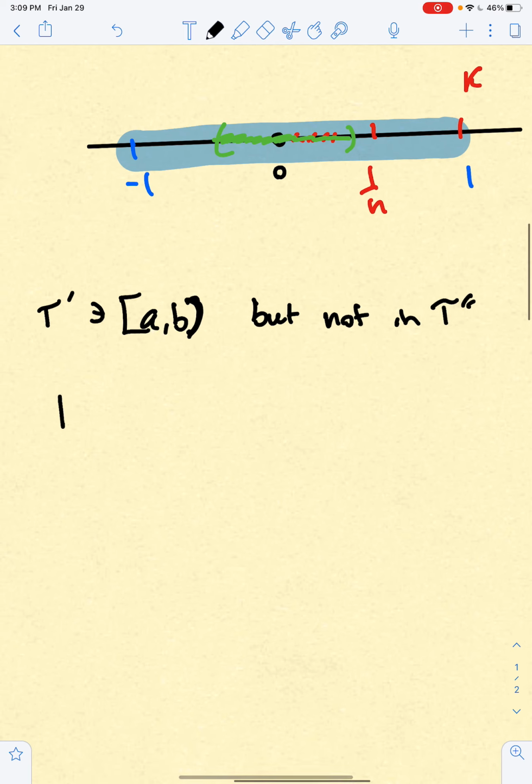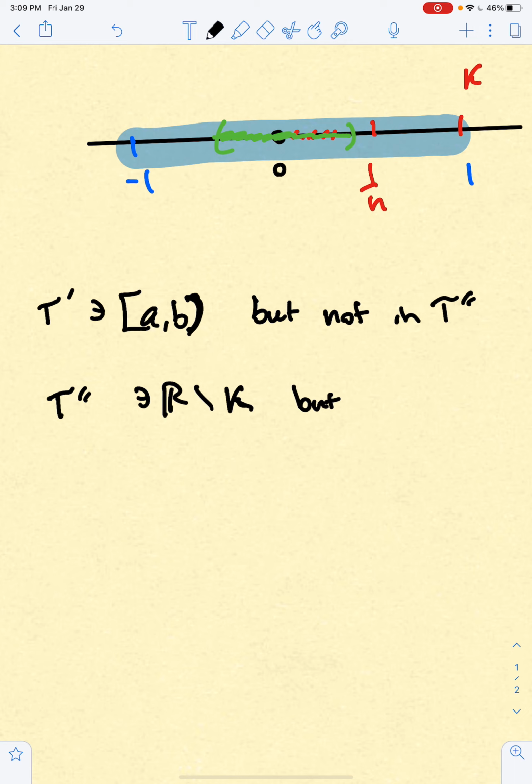And likewise, R minus K, the whole real line minus the set K, is going to be open in tau double prime, but it's not going to be in tau prime. So they're not comparable. There are some sets that are not open in either of the two.